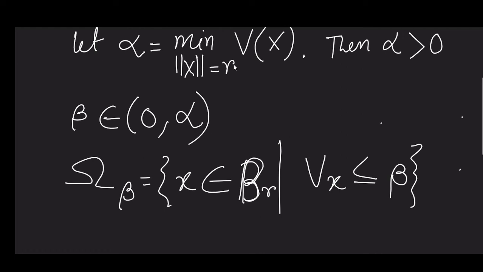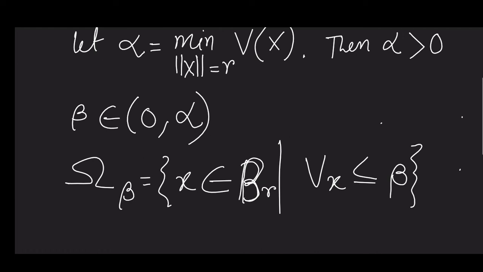Now with this we define another region, capital omega beta, where omega beta contains all x belonging to Br such that Vx is less than or equal to beta.